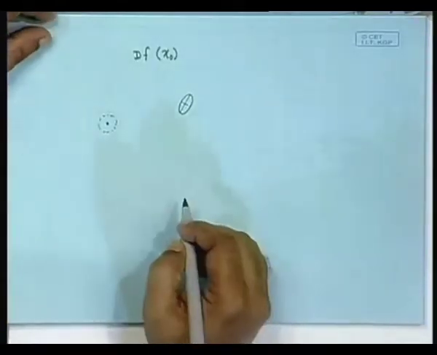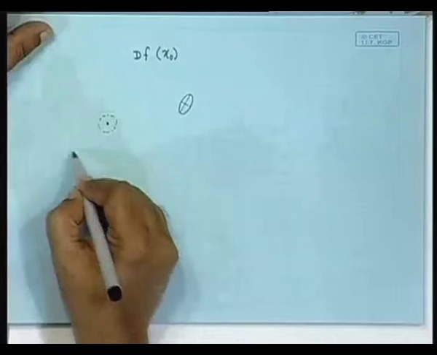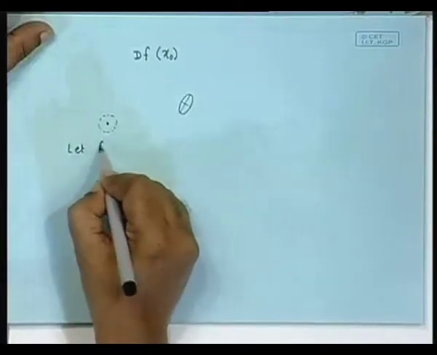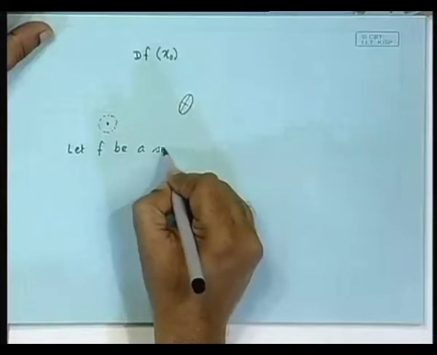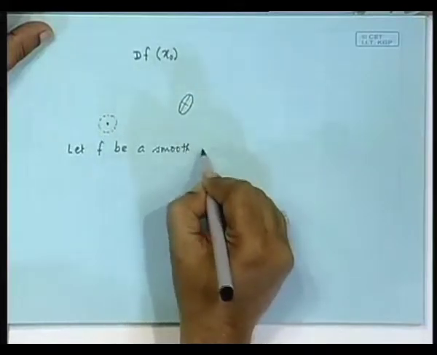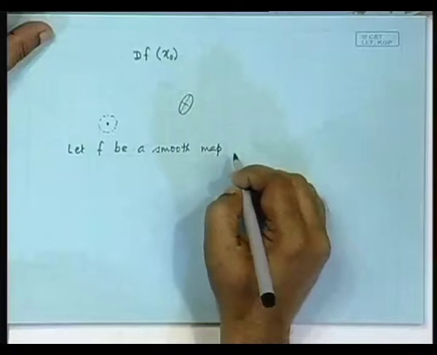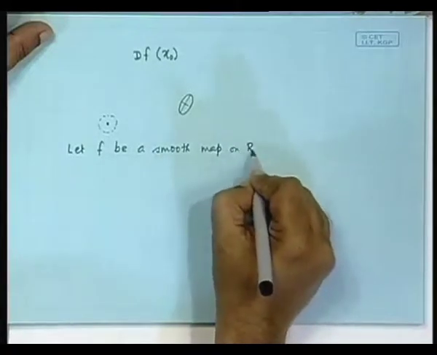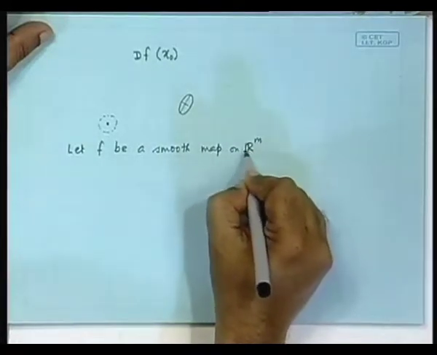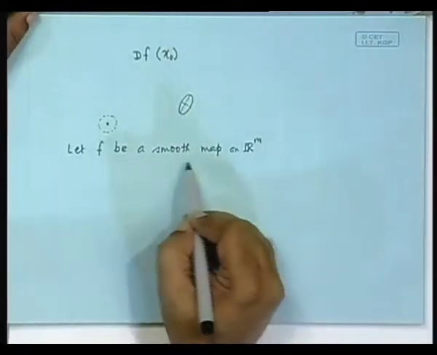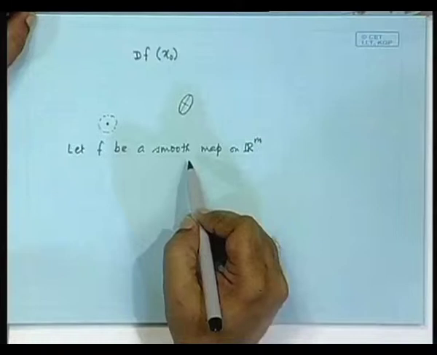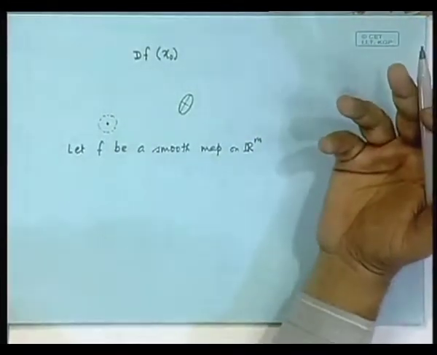Let me write down this definition, because that will be followed in the later classes. Let f be a smooth map on an m dimensional real space. What is the meaning of the term smooth map? It is differentiable everywhere. That is all. Smooth means differentiable everywhere.